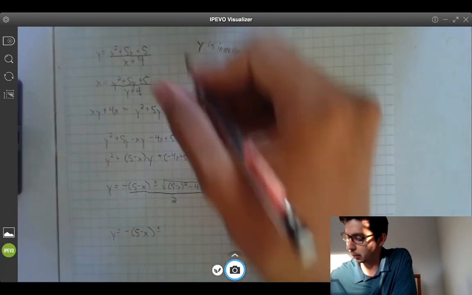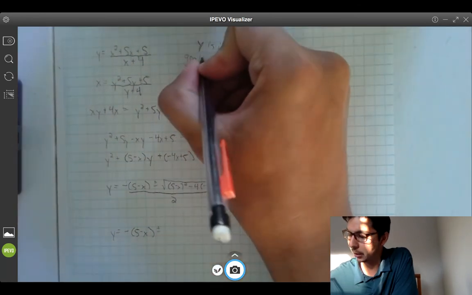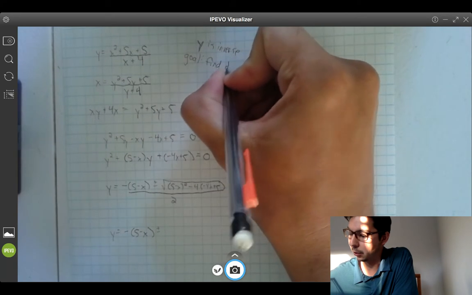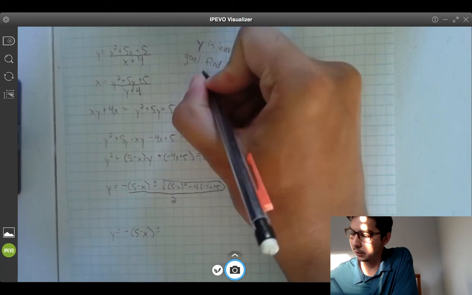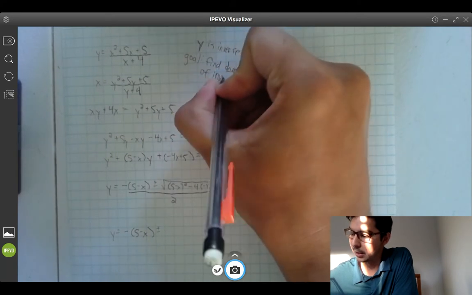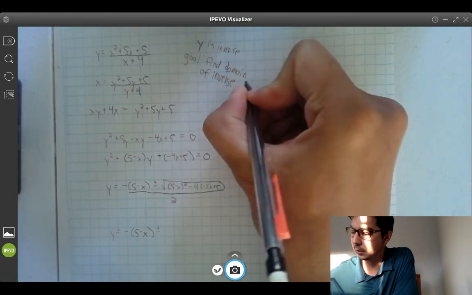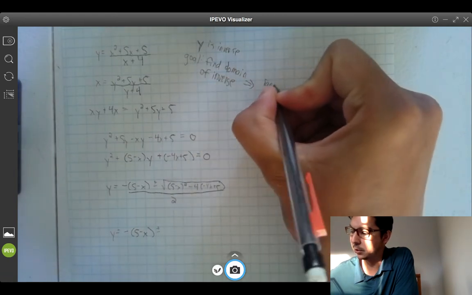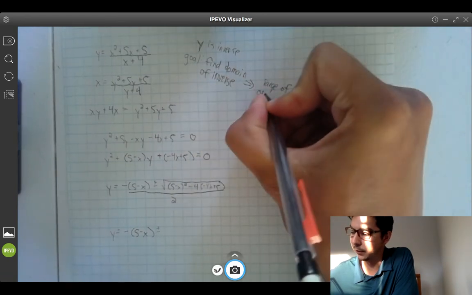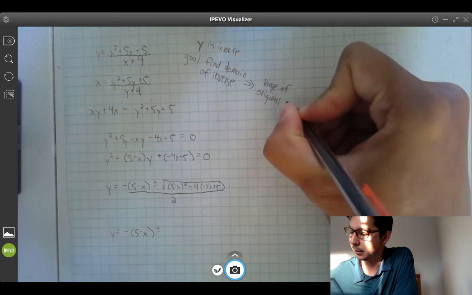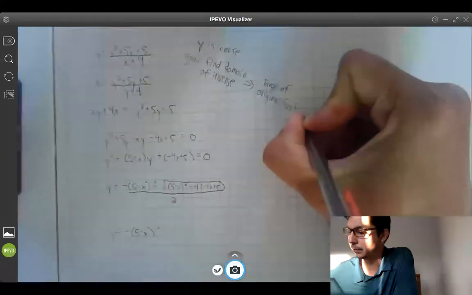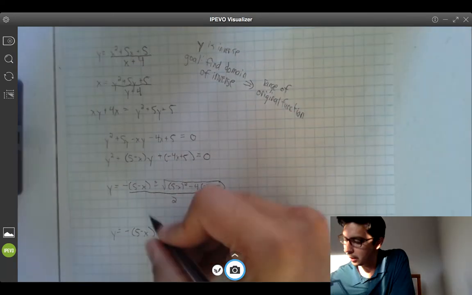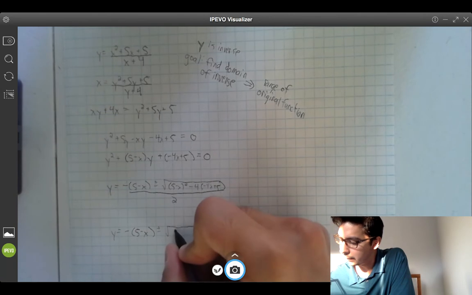And remember, the goal, which I didn't really say in the beginning, is to find the domain of the inverse, as that will represent the range of the original function. And then you have 5.